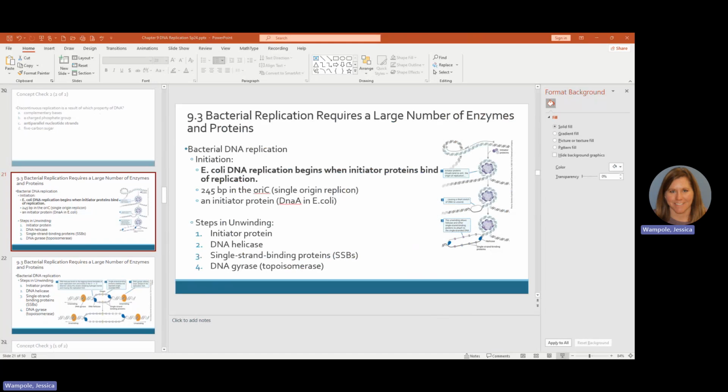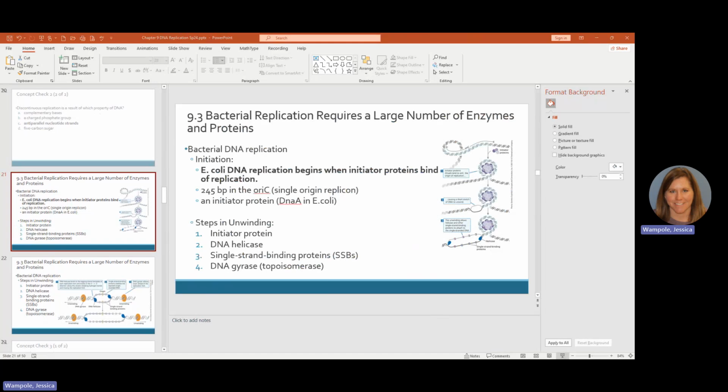All right, so process of replication during elongation. Again, DNA polymerase cannot add to anything but a 3' end. So what that means is that once we open up our replication bubble, DNA polymerase can't just come in and start adding nucleotides.